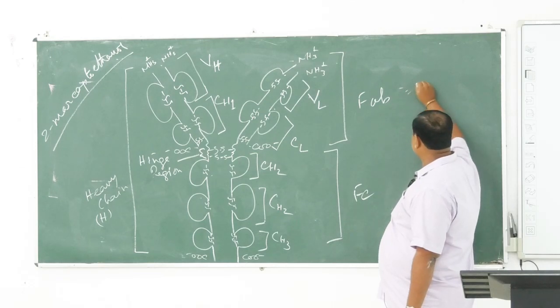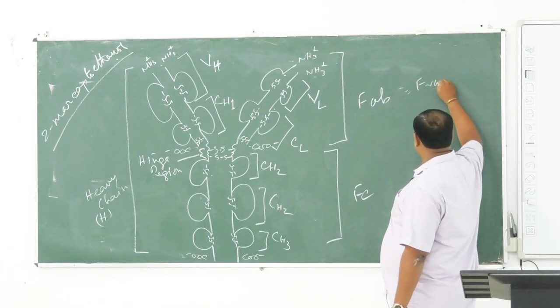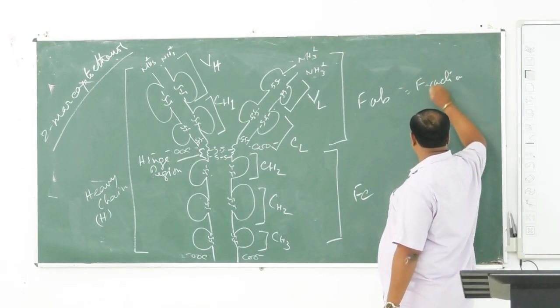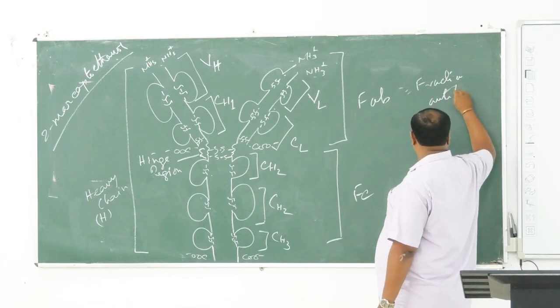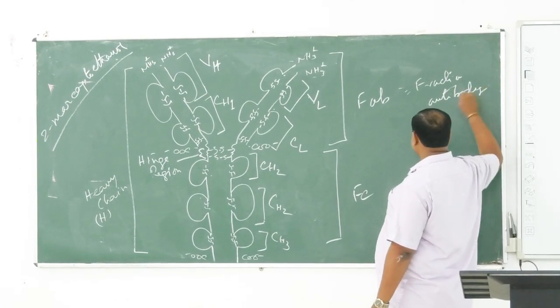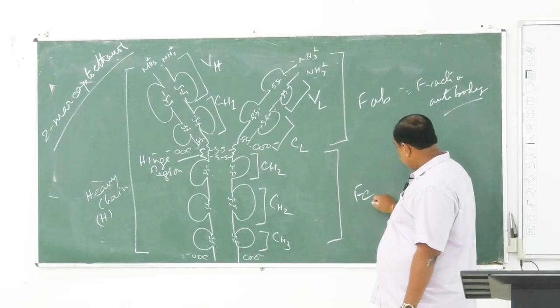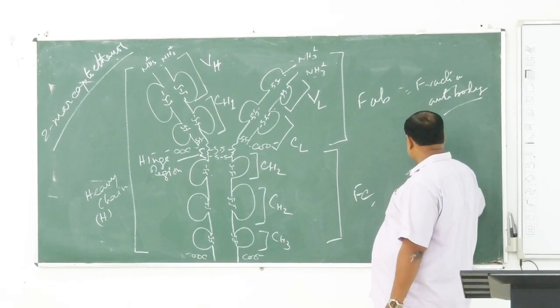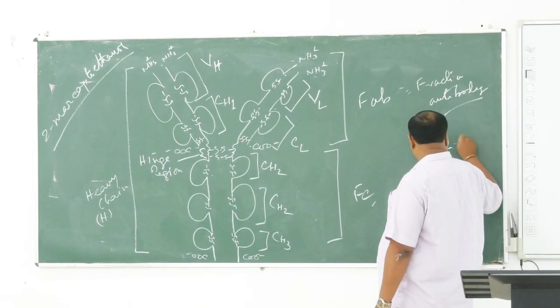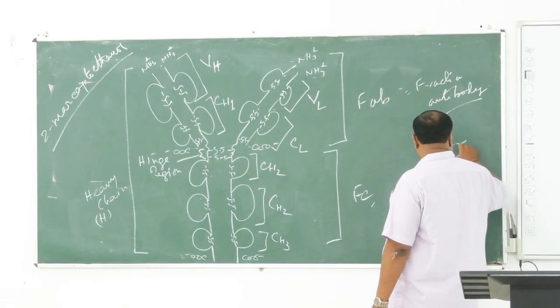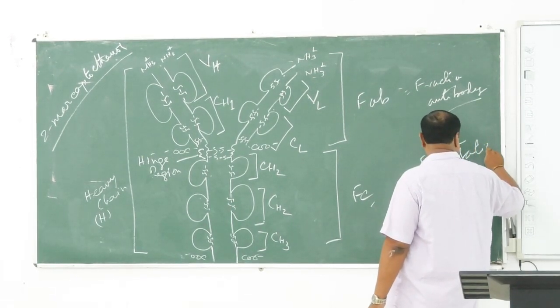Fab stands for fragment with antibody activity. Fc stands for fragment crystallizable.